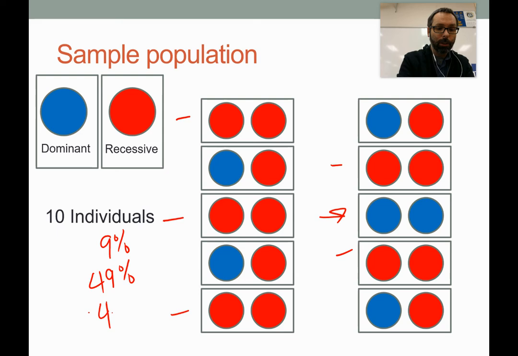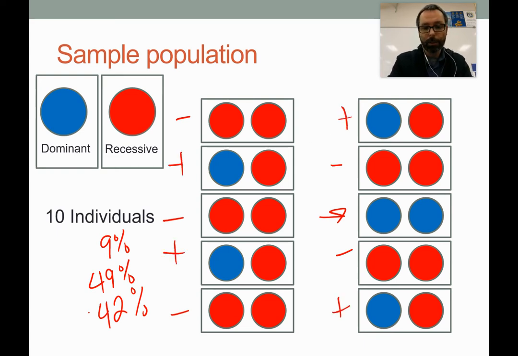And then, of course, there was 42% for the heterozygous, and there's 1, 2, 3, and 4 of those, right? And so the probabilities did predict the population pretty well.